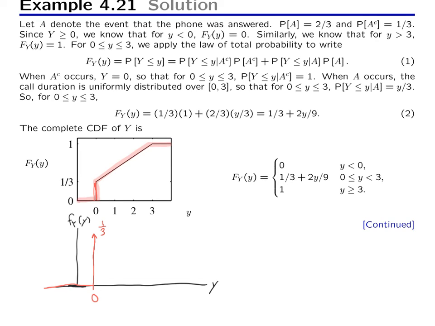And then finally, the slope here is equal to 2/3 divided by 3, which is 2/9. So in fact, we get 2/9 up to 3.